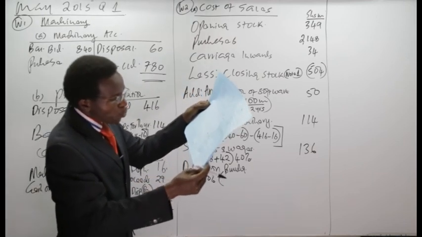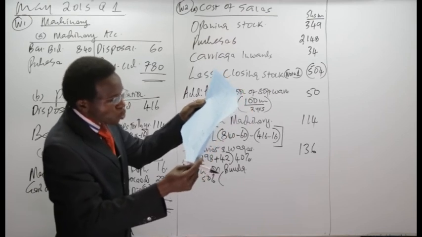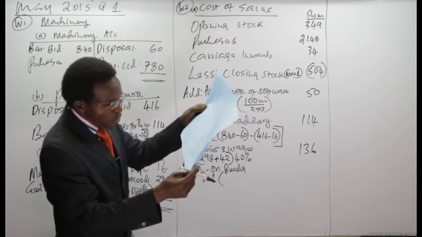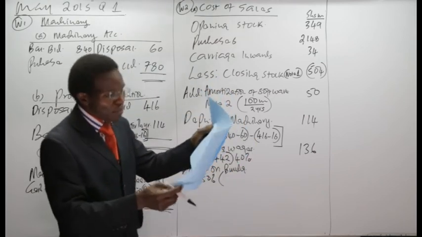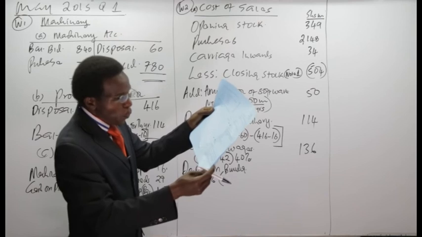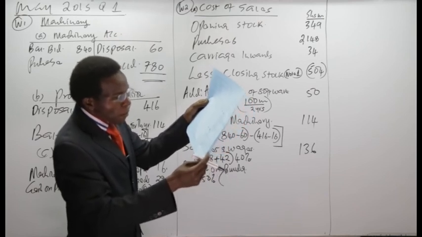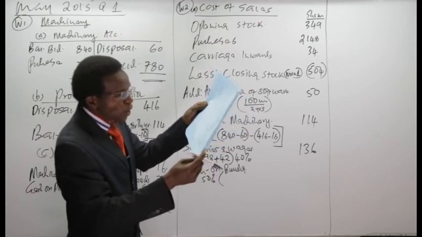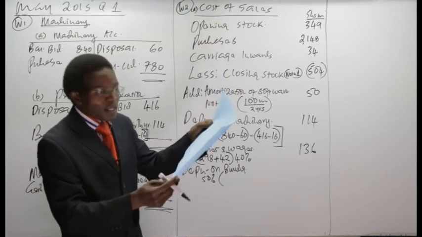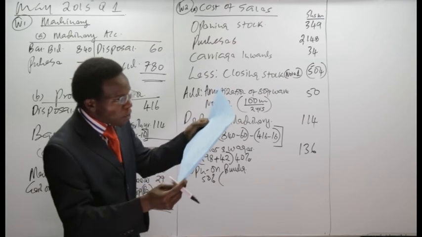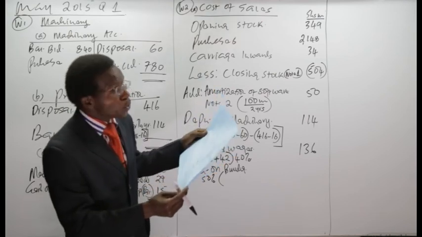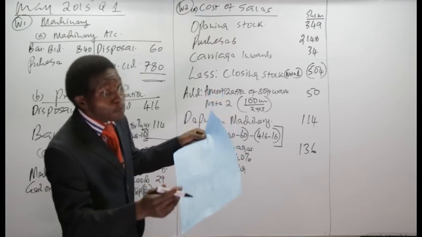We are told that we are depreciating buildings at 2% on a straight line method. And we need to know the exact building figure because the figure given there is land and buildings. From note number 5, land comprises 1/3 of the cost of land and buildings. This means that 2/3 of land and buildings is actually buildings.